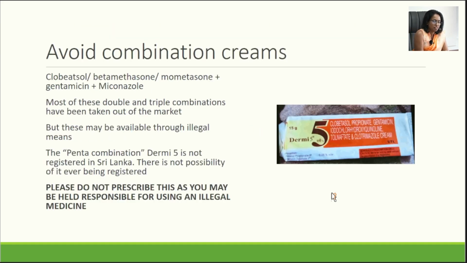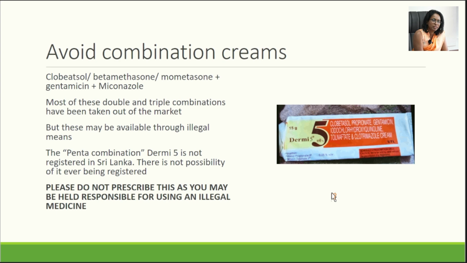And please, the main reason why I wanted to do this talk was this cream. Look at this. Dermi-5: clobetasol, gentamicin, iodochlorohydroxyquinoline, which is an antiseptic, and tolnaftate and clotrimazole, which are antifungals. Now, do you think this product can be registered in this country?